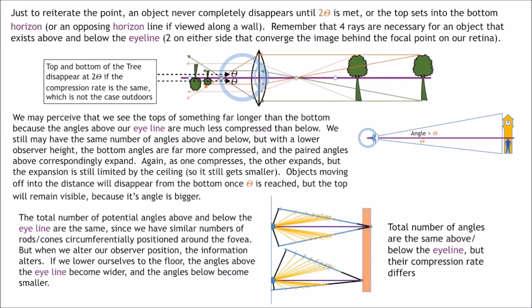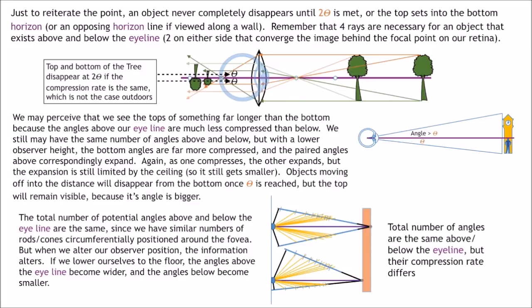You'll notice that the angles change size as you move the eye vertically. The angles above get wider and the angles below get smaller. Again, the total number of angles are the same above and below the eyeline. We only have so many rods and cones, but their compression rate, as we get higher or lower against a tangible object, starts to differ.